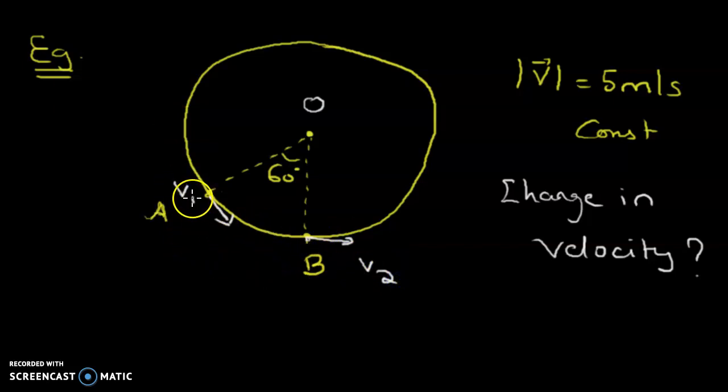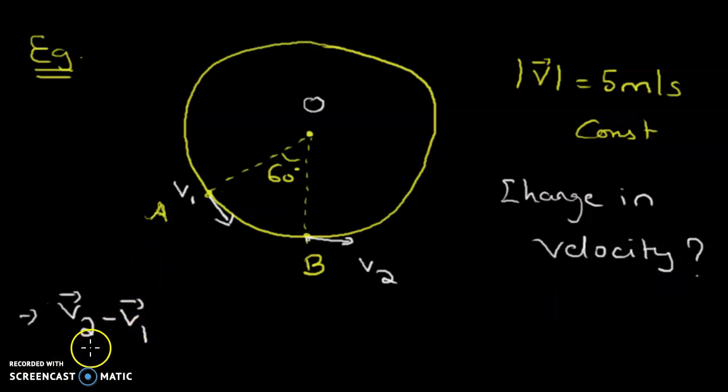Though their magnitude is the same, their direction is different. So what I need to find is v2 minus v1. This is nothing but a question of pure vector algebra, just the difference of two vectors, nothing more than that.